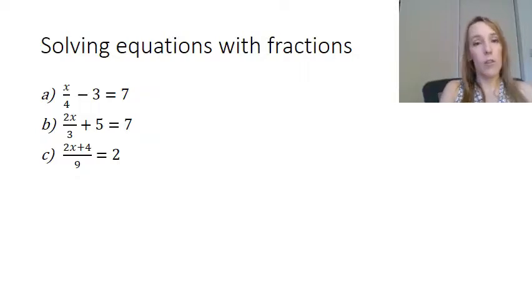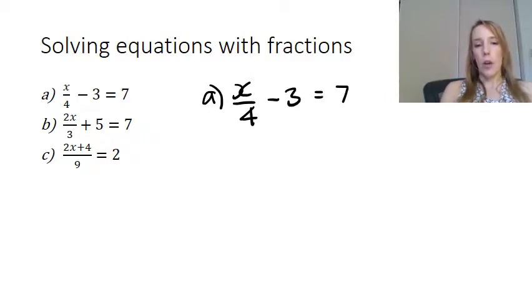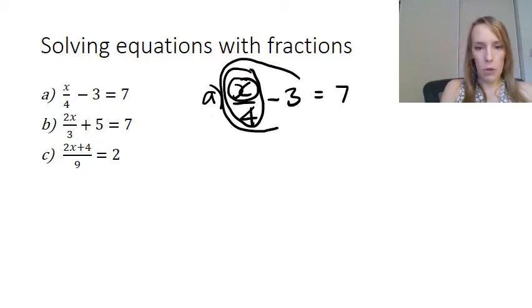And we're going to solve these algebraically and get rid of those fractions. So our first one, A, we've got x divided by 4, take 3 equals 7. Okay, so we want to find out what x is equal to. Using our onion method, what happened to x? Well, it was divided by 4 and then 3 was subtracted.